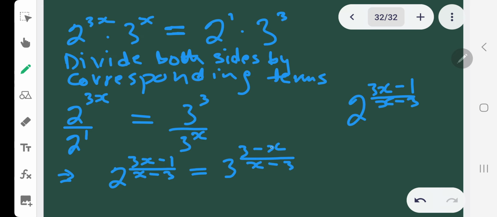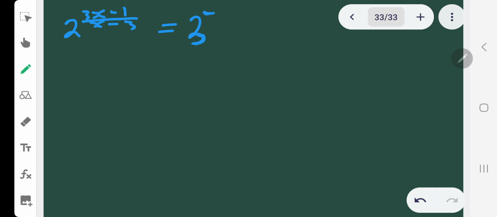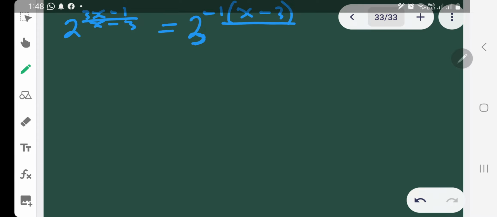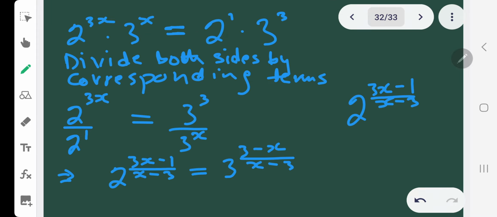But the moment you put minus sign here, it should affect these two terms. So in this case, I will come here to say 2 raised to the power 3x minus 1 all over x minus 3 is equal to minus 1 into bracket x minus 3 all over, let's look at the previous step.